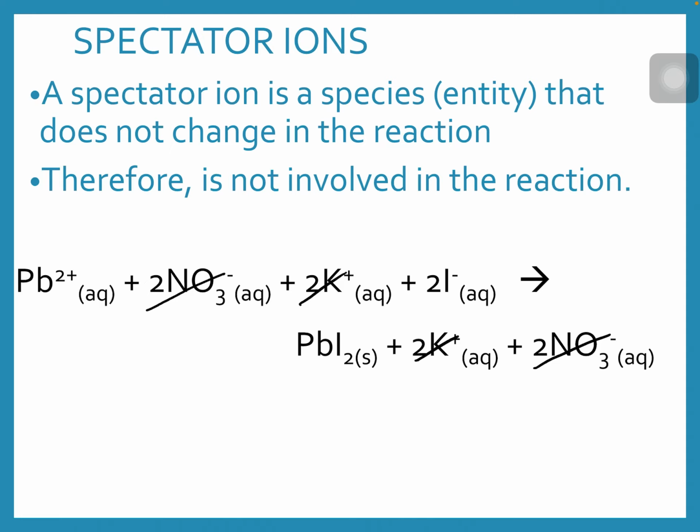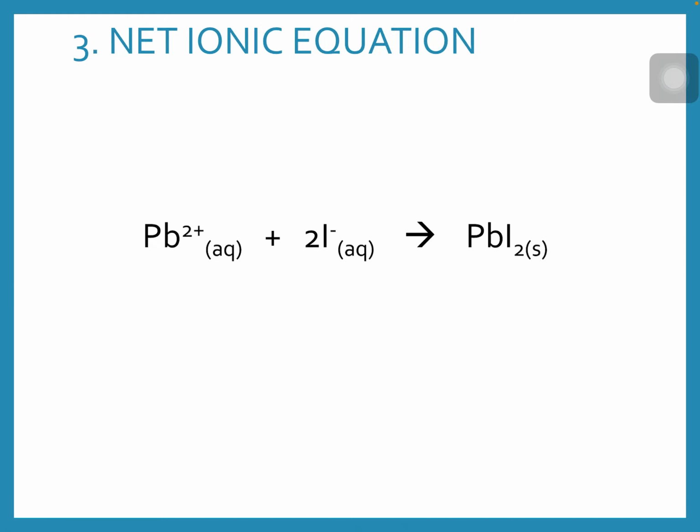So nitrate and potassium ions here are spectator ions, which means overall there's no reaction happening with them. That means I have lead and iodide ions, which will come together to form the solid lead(II) iodide. So that is my net ionic equation, writing everything from the total ionic equation that was not a spectator ion.